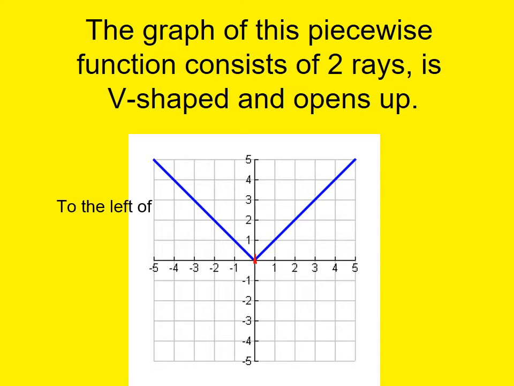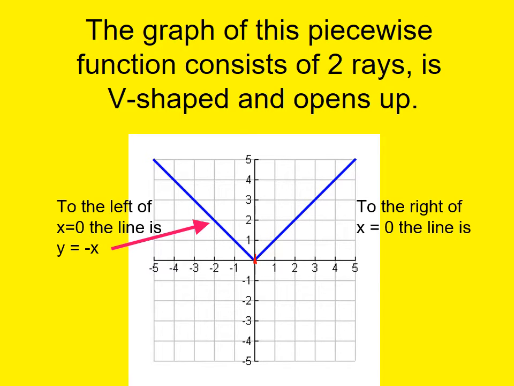To the left of x equals 0, the line is y equals the opposite of x, or y equals negative x. On the right-hand side of x equals 0, the line is y equals x.